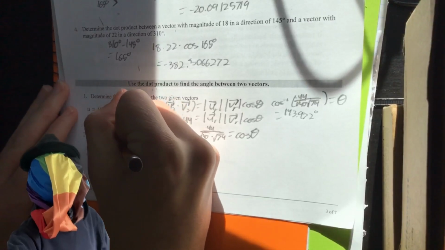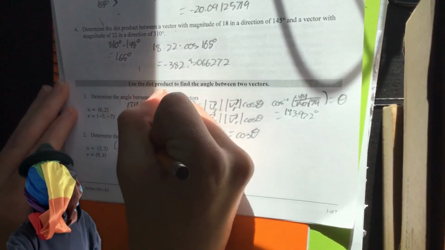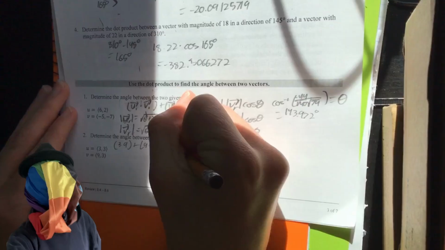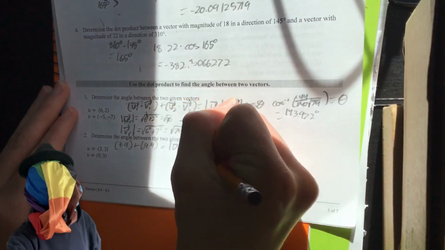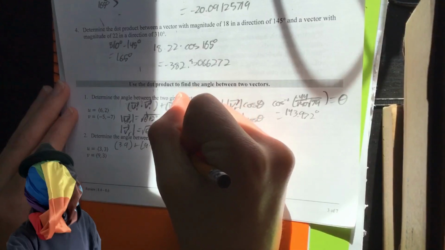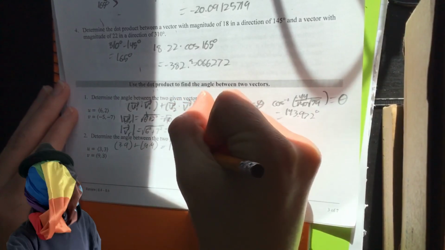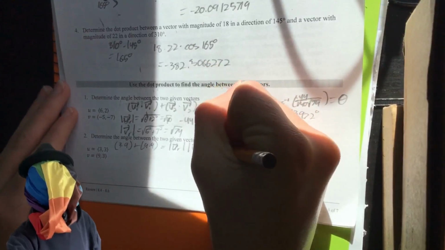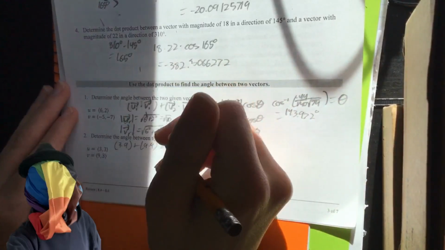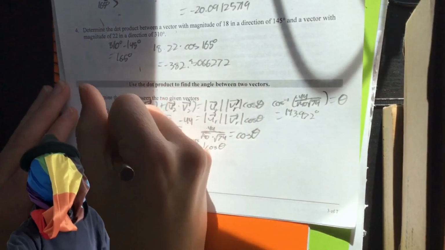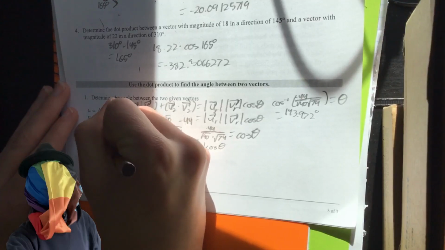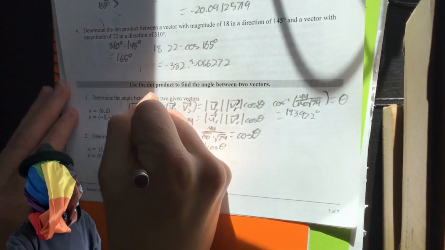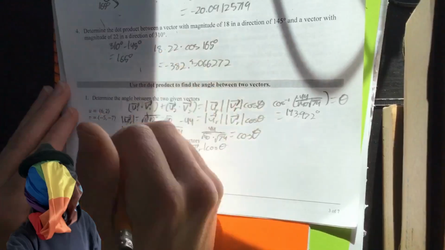So we go 3 times 9 plus 9 times 9 equals, setting up the same formula we did before. And then we can calculate the magnitude, which equals square root of 18.